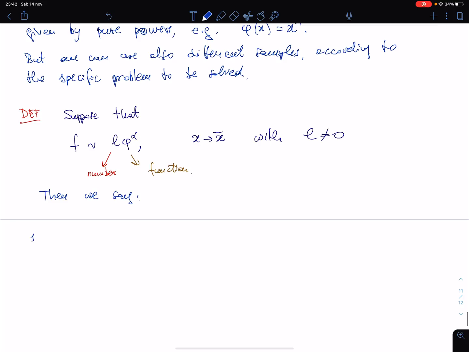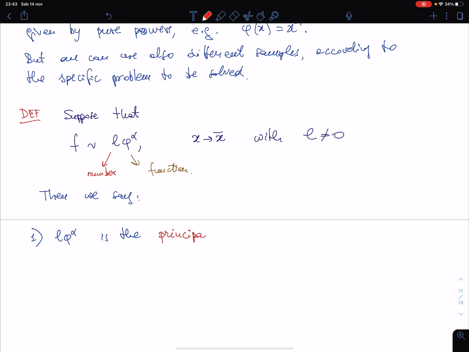first that L phi to the power alpha is the principal part. This is a very important term that we will meet again many times.